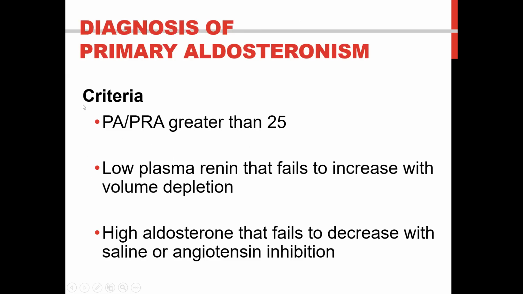If the plasma aldosterone to plasma renin activity is greater than 25%, in patients with hypertension, they have actually more than 25% of them have high plasma renin activity.